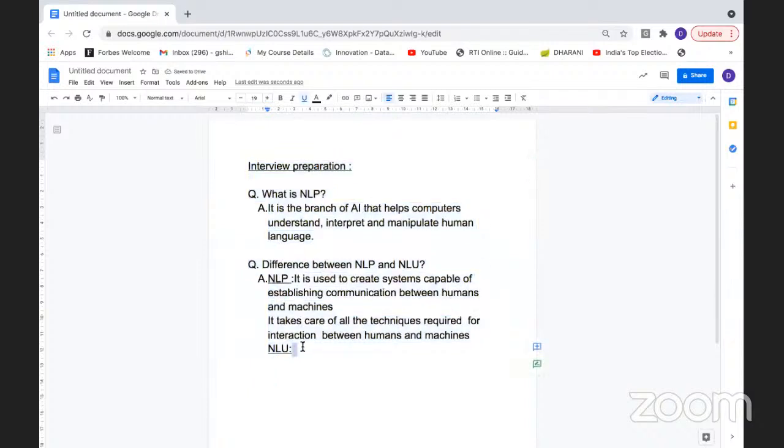On the other end, NLU provides techniques to solve complicated problems related to machine understanding.